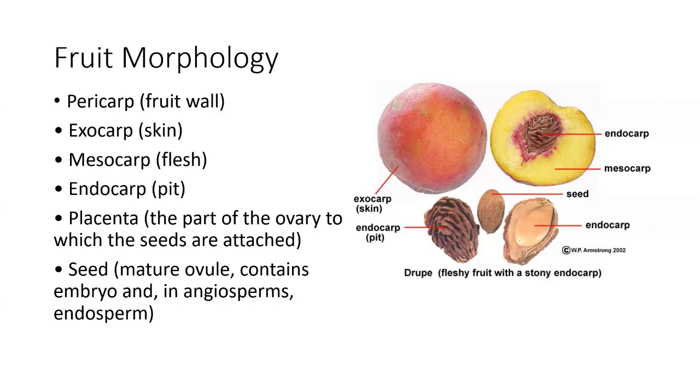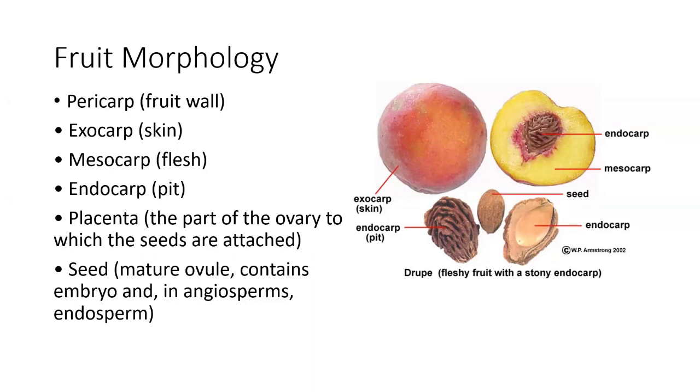Then we have a placenta, the part of the ovary to which the seed is attached. And then we have the actual seed, which develops inside of the fruit. That is a mature ovule.